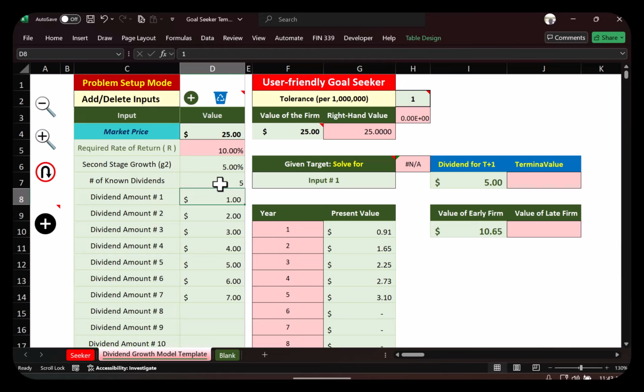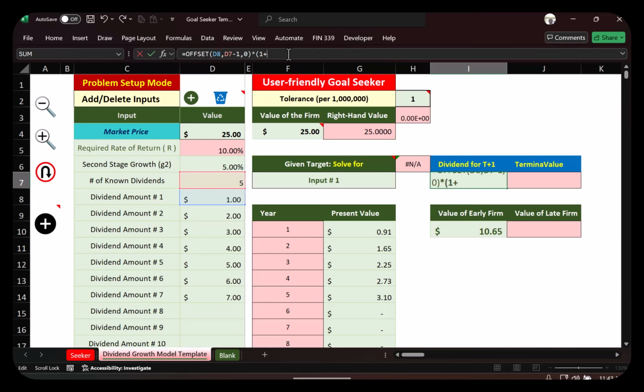Simple enough. That's just our dividend at t, but I need the dividend at t plus 1, so I need to grow that by the growth rate. So I'm going to multiply that by 1 plus the second stage growth. So my sixth dividend is going to be 525. Why? My growth rate is 5%. Yes.